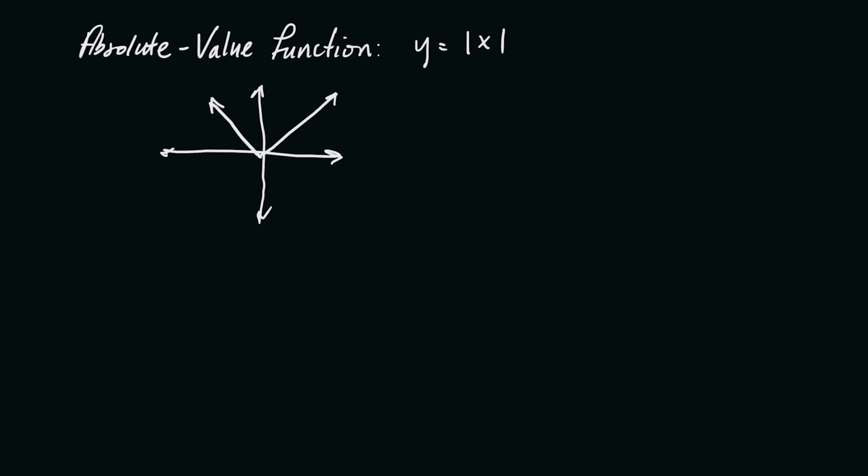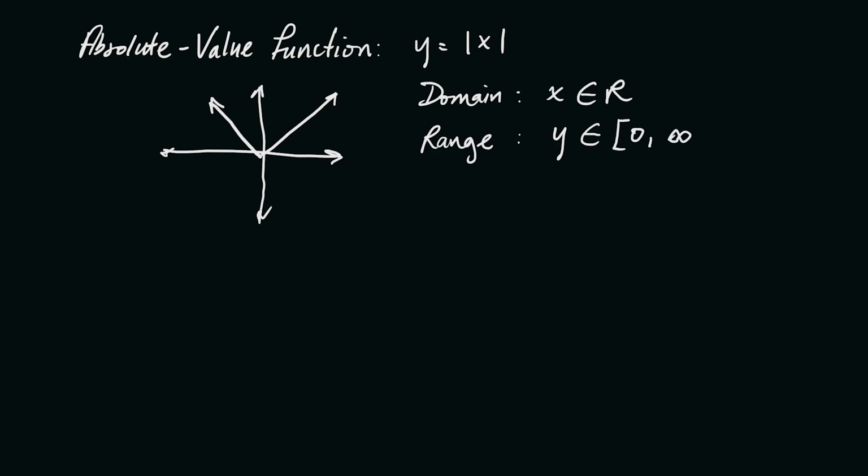So if x was -5, then the output will be 5 because it's an absolute value. The domain is, again, all real numbers. And our range is y is an element of 0 to infinity, because you're going from 0 all the way up to infinity. So that's that.